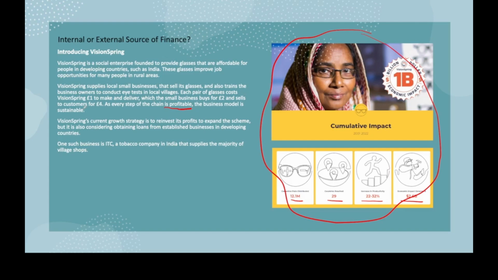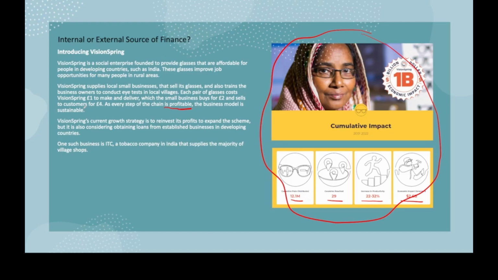Well, maybe it's sustainable at its current size, but to help more people gain access to more glasses, maybe I want to go and borrow some money, and then I'll be able to help more people quicker. One of the disadvantages of retained profits is it might be slower growth. They might be missing an opportunity here. Remember, the social enterprise wants to help people and as many people as possible.